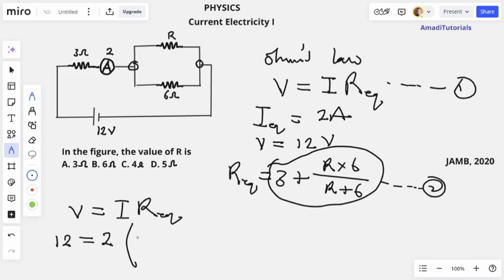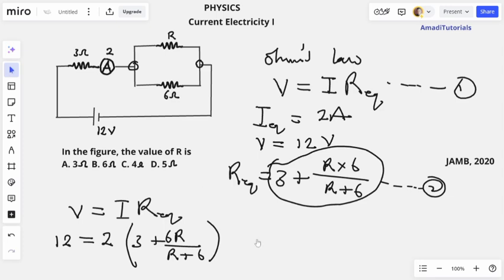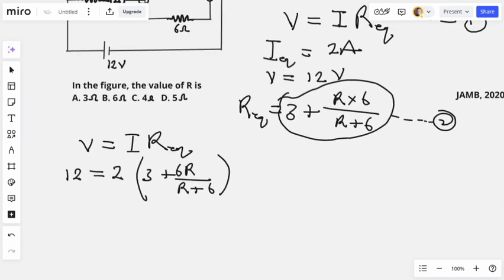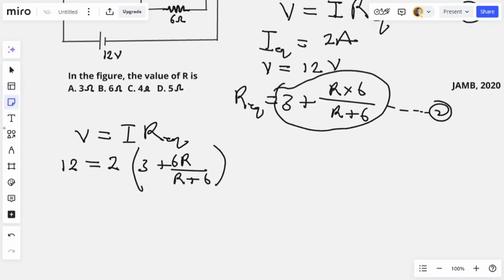So you bring it here, that will be 3 plus R times 6 is 6R divided by R plus 6. So we have now formed an equation that balances the whole thing.